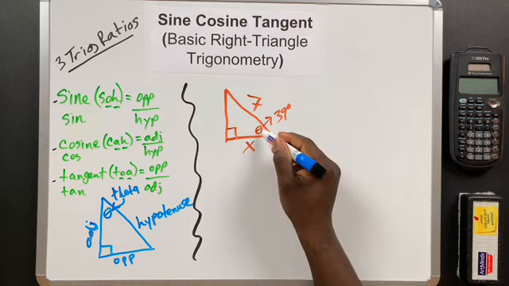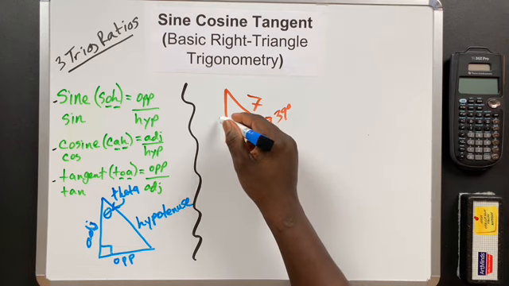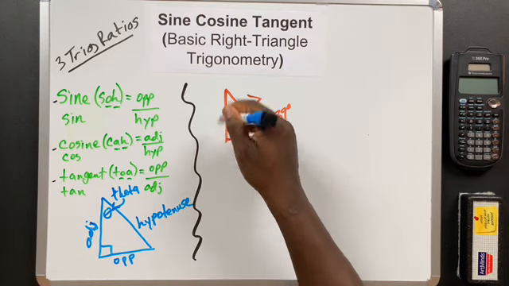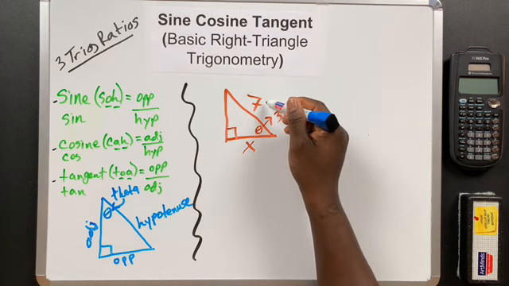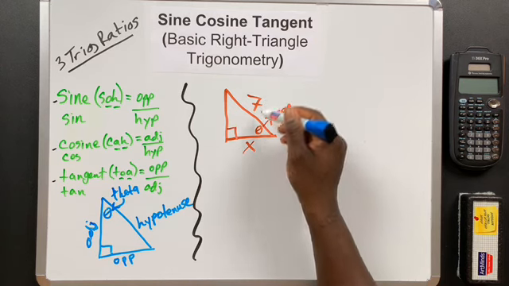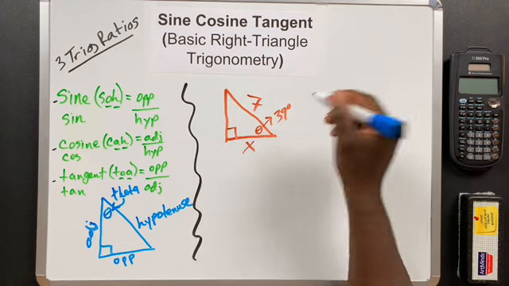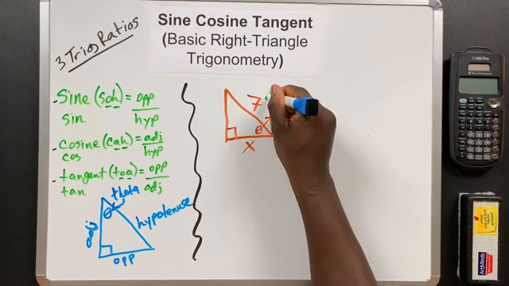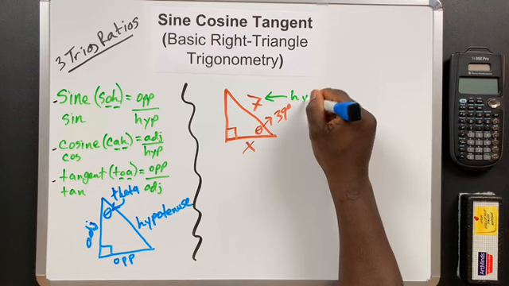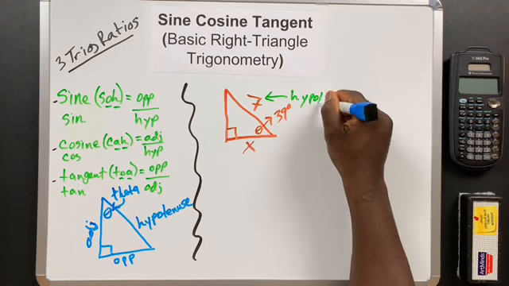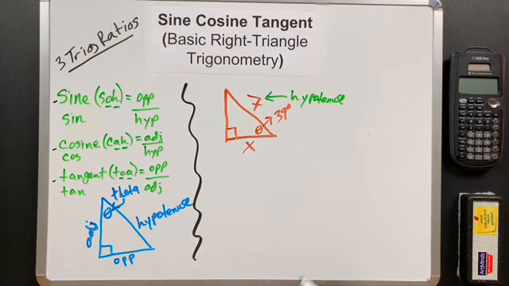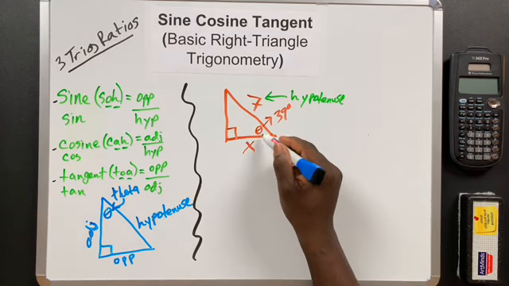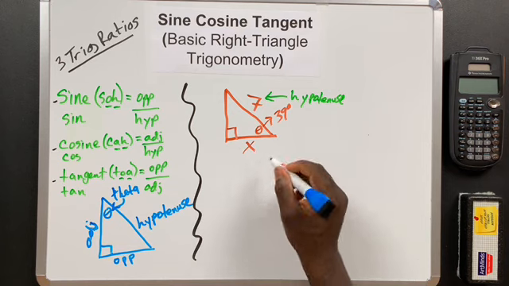If this is theta, this is opposite, but they didn't give us that length, so we don't need to label that. Now we know this is the hypotenuse, 7, because that's opposite the right angle. So I'll just draw a line here and label that. That's our hypotenuse. And if this is theta, this is the side next to theta.